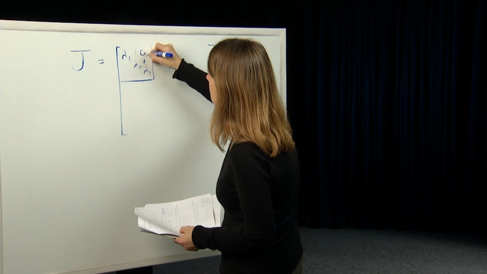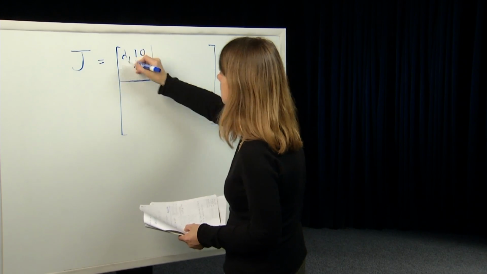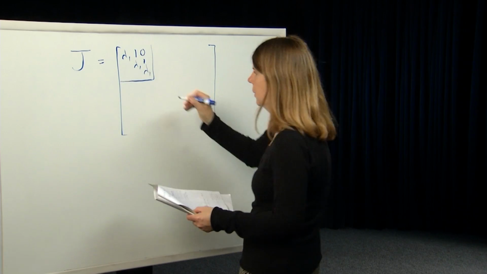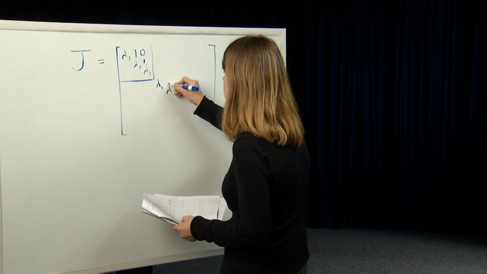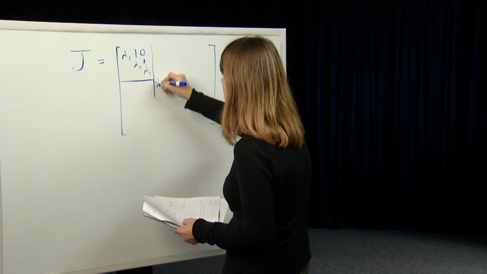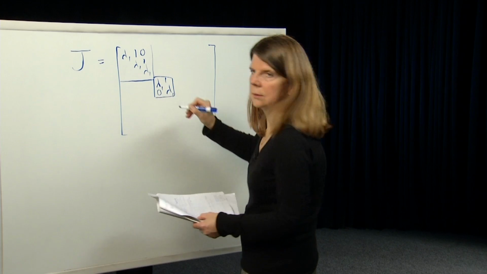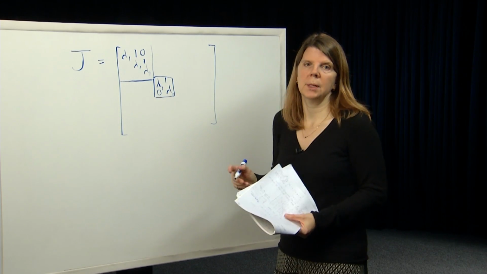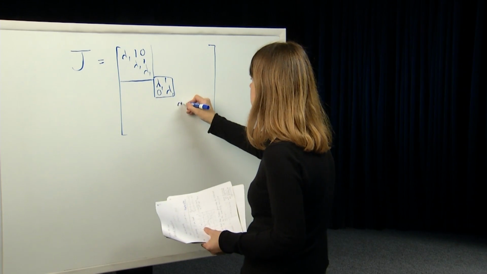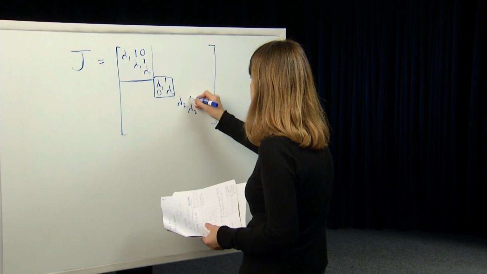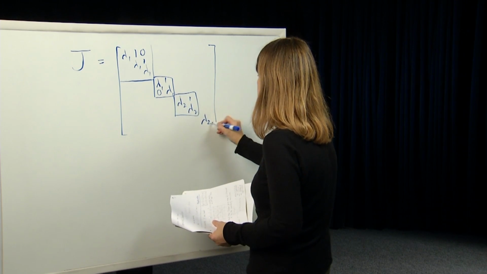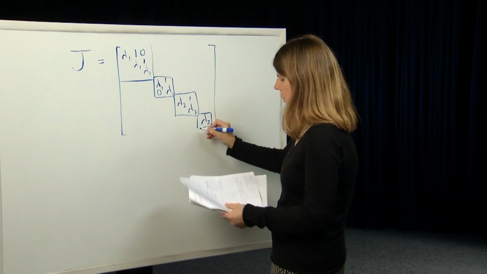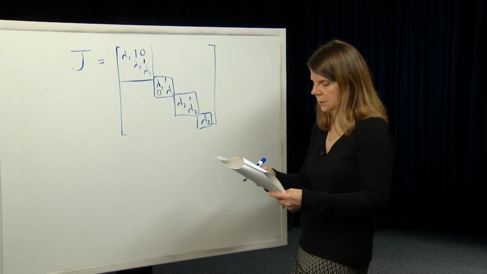There's the Jordan block of size 3, those are 1s, and everything below the diagonal is 0. One Jordan block of size 2, so lambda 1, 1. Again, that's a 0. And then I have 3 repeated eigenvalues at lambda 2, and there's a Jordan block of size 2 and a Jordan block of size 1, lambda 2. So there are 4 Jordan blocks related to this system.